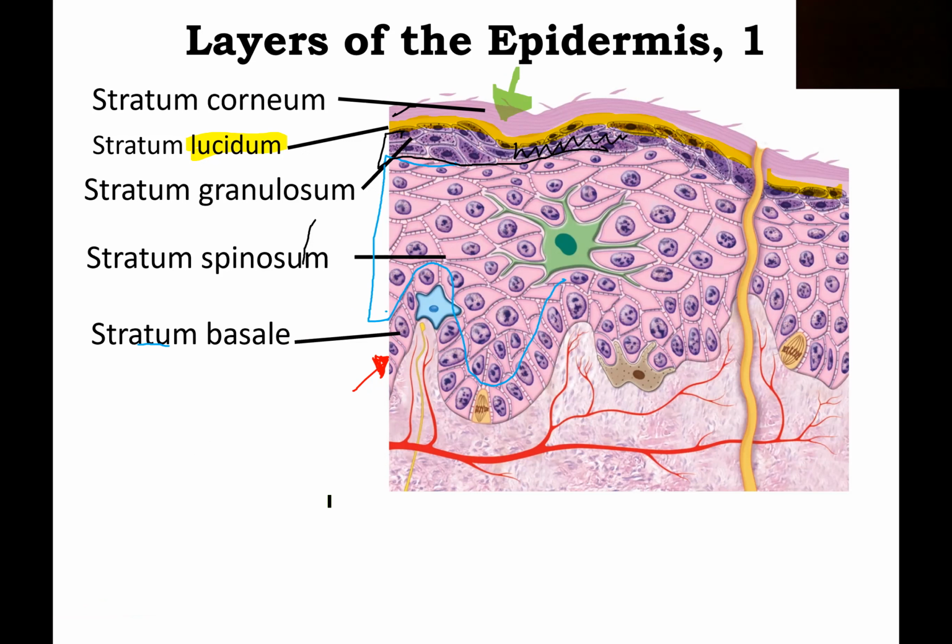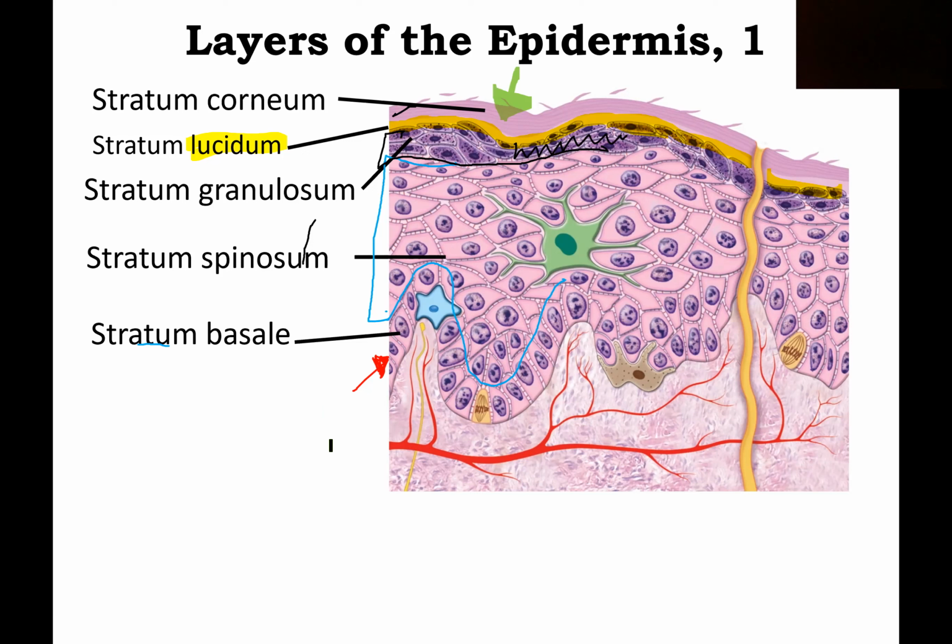So, stratum corneum, dead cells. If you tell a corny joke on stage, you can die, get thrown off the stage.